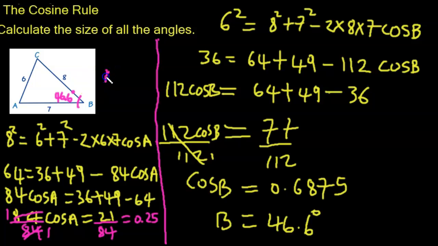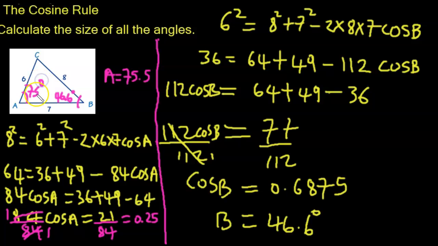So from here, let me just put the answer for A up here. A equal to, if I'm using one decimal place, 75.5. So this angle is 75.5 degrees.